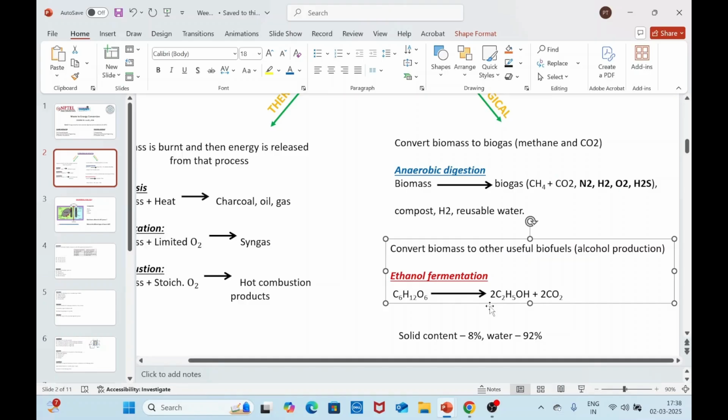Ethanol carries a lesser amount of energy compared to butanol. Because of that, it needs to be mixed with gasoline so that it can be used as a fuel for vehicles. So that is one of the reasons.